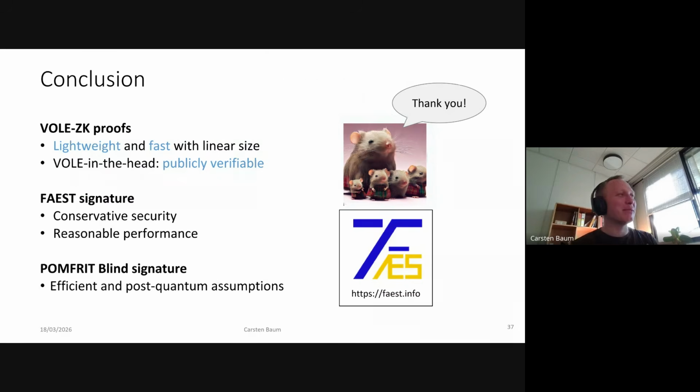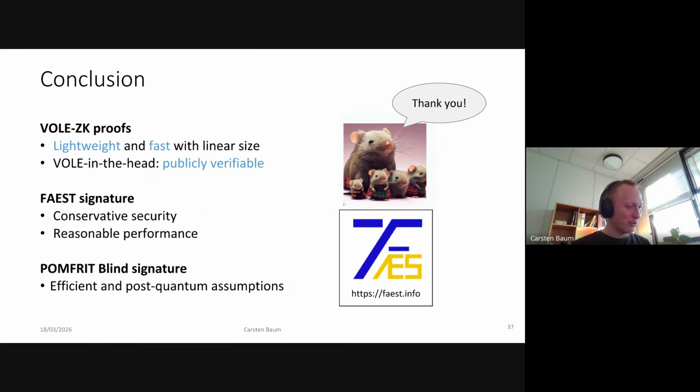Yes. And if you look into our paper, we have a hash function called... so AES as a hash function, no, but if you replace SHAKE with something else that is more friendly, we are, in addition to the POMFRIT blind signatures that we do, we also have a construction where we replace SHAKE with a hash function called Rain, which you could look at as kind of using the AES paradigm to construct a hash function on the super highest of levels.